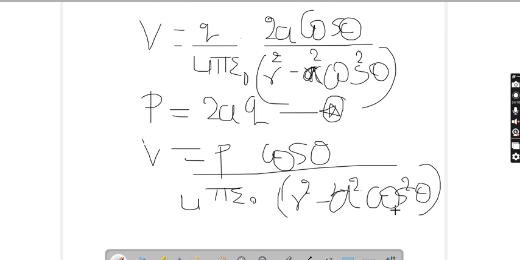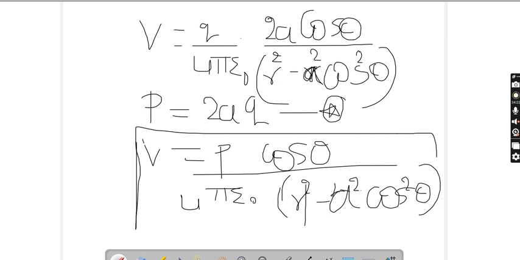Am I right or not? This is the actual expression for electric potential due to a dipole.